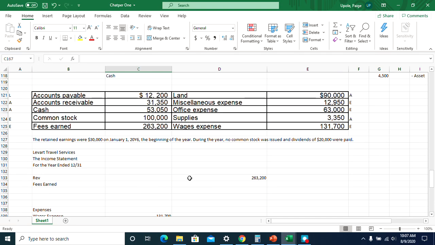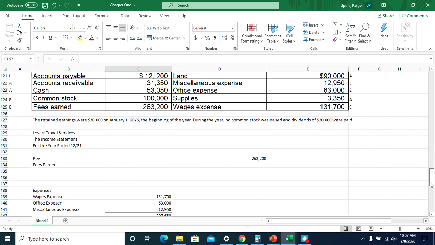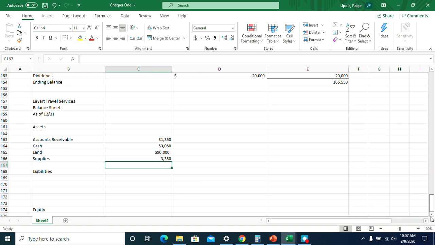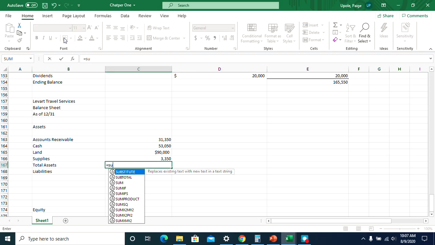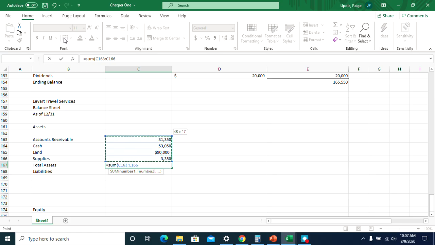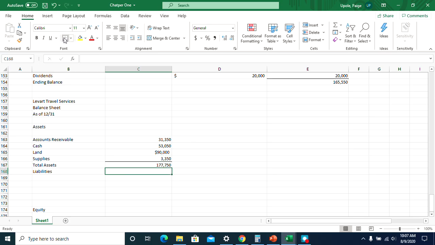And then I'm going to make just a column called total assets. So I'll go ahead and sum these. So it looks like our total assets is 177,750.